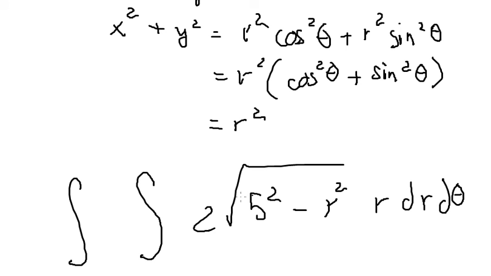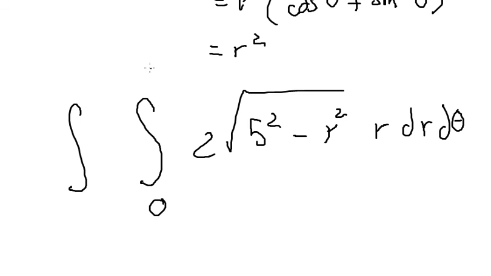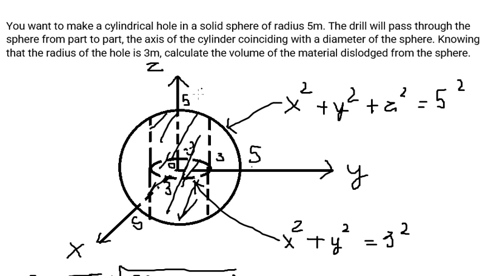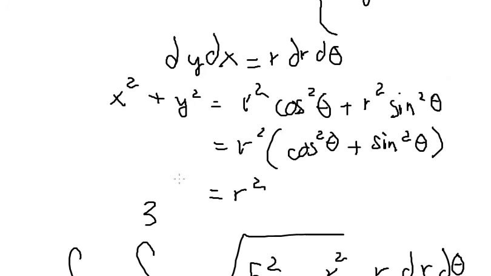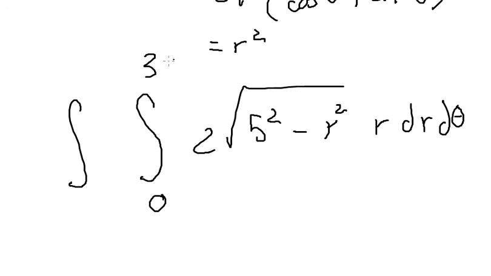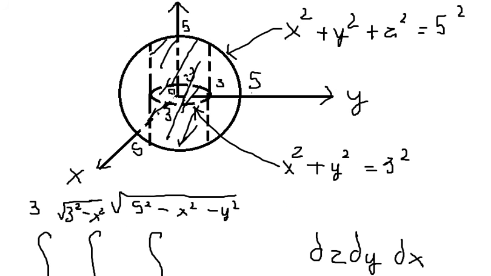For dr, we go from 0 to 3, because this is the circle, and the radius of this circle is 3. For d theta, we go from 0 to 2 pi, because we go the full circle. The full circle is 2 pi.